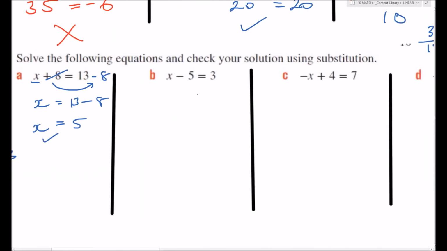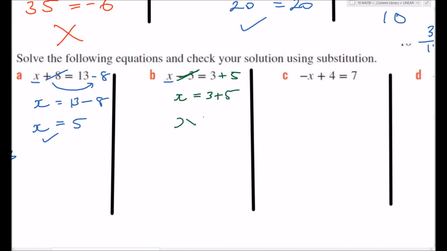Next one here, x minus 5 equals 3. Again, you're trying to isolate that x, make it by itself. So in that case, if you want to make x by itself here, we're trying to get rid of this negative or this minus 5. So in that case, if it's minus on this side and you move it to the other side, it becomes plus 5. So you're left with x equals 3 plus 5.